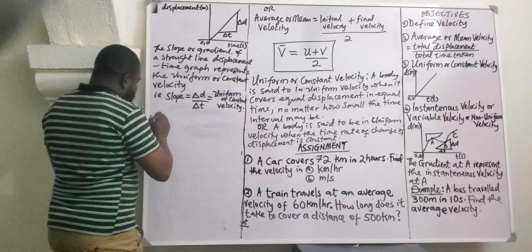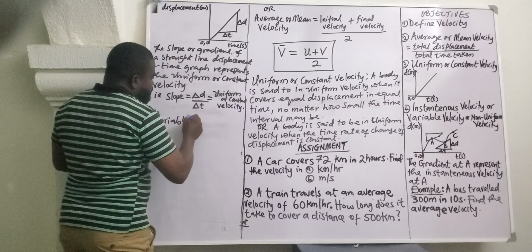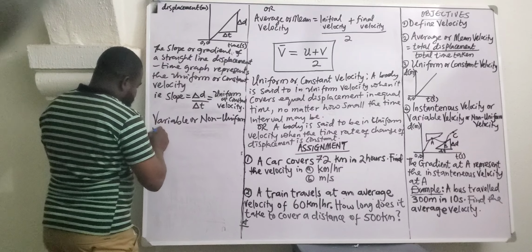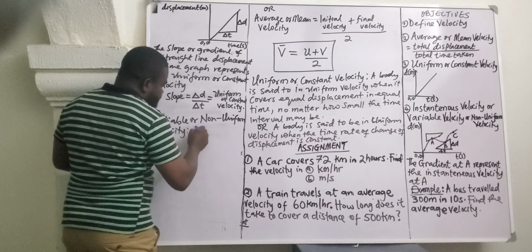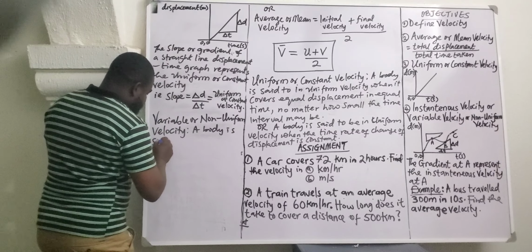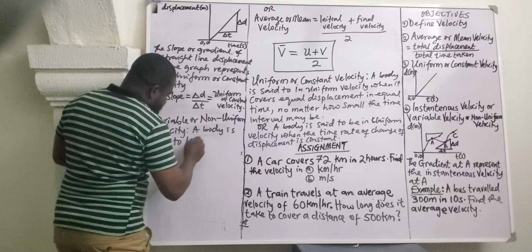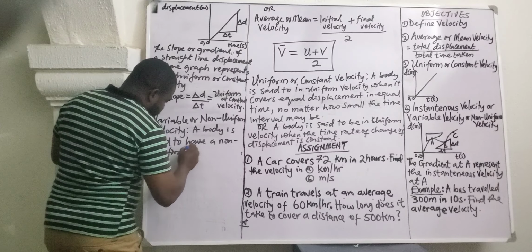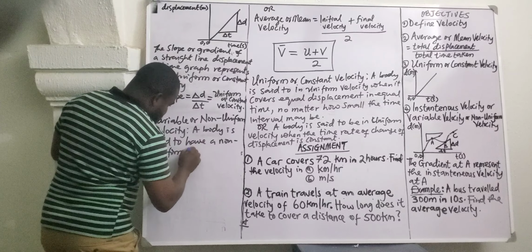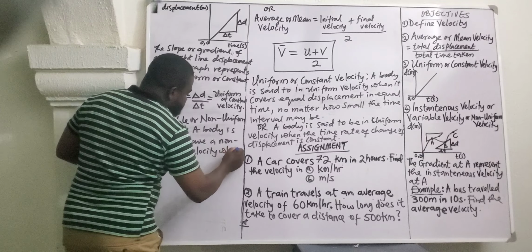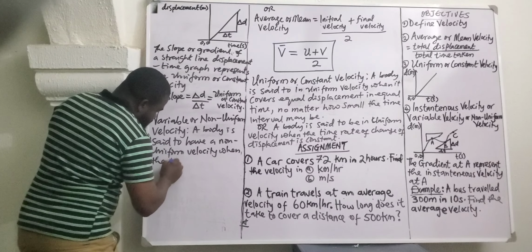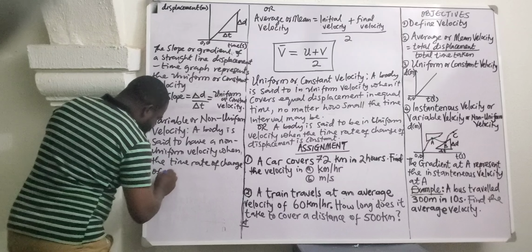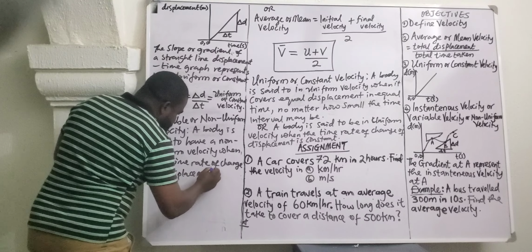So I said a body is said to have a variable or non-uniform speed, non-uniform velocity, when the time rate of change of displacement is not constant.